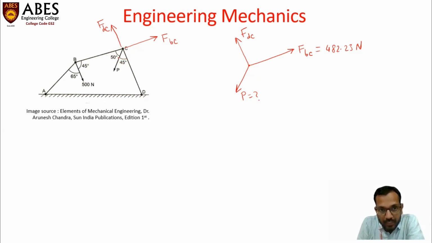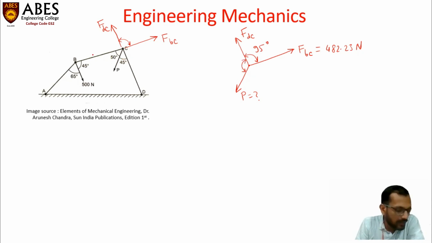So the total summation of this angle is 95 degrees. Now this angle will also be equal to 95 degrees because it's just the opposite angle. So we can show it. This angle is equal to 95 degrees, the summation of 50 and 45.